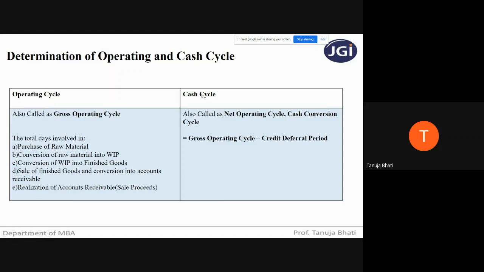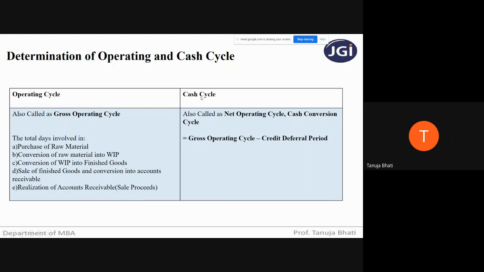Now what is cash cycle? It is also called the net operating cycle or cash conversion cycle. See students, the operating cycle is a gross operating cycle. Cash cycle is a net operating cycle, which is the cash conversion cycle.